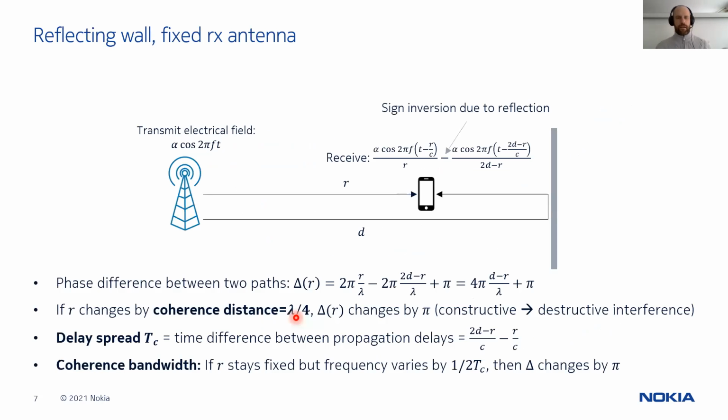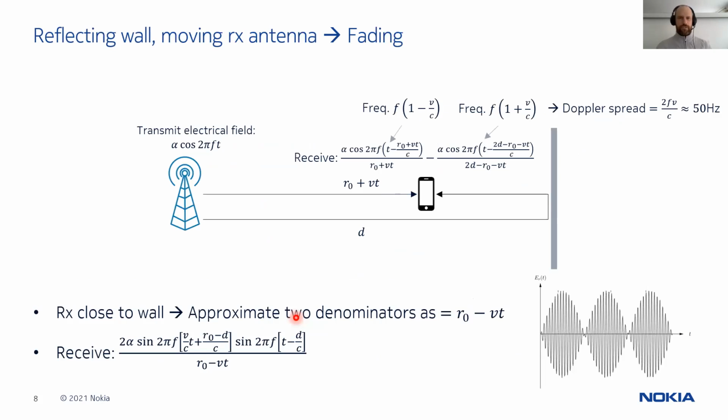Then, okay, I will not go through all the details, of course, but just the main ones. So what is fading here? Fading is a direct consequence of what I just said, of the fact that there is a sinusoid being sent, there is someone that is moving, and there are also obstacles.